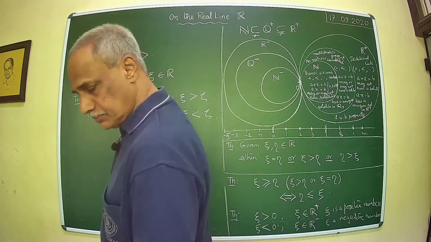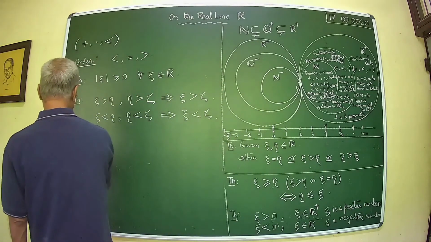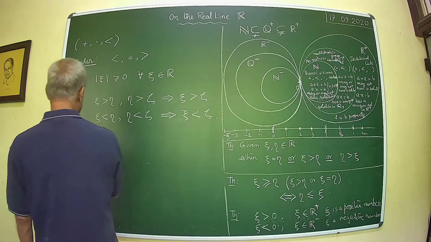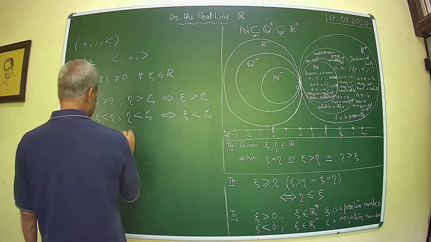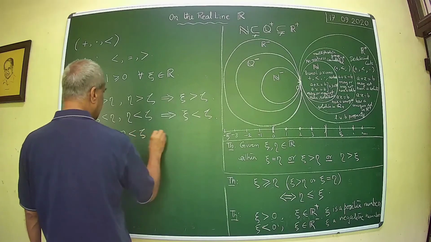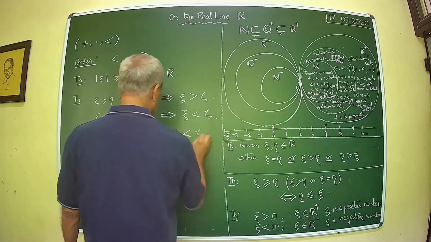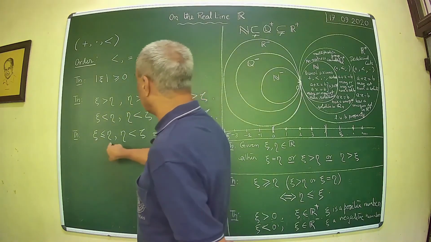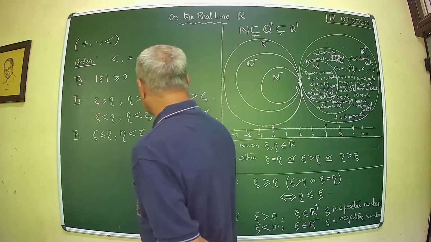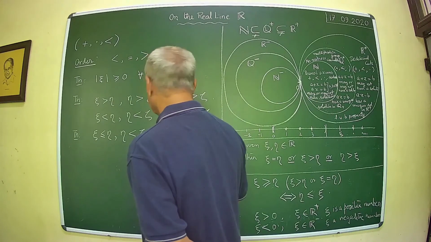Then you have, if you bring in equal to also, psi less than or equal to eta, eta less than zeta implies, this means what? Even if you have psi equal to eta and eta is less than zeta, then you have psi less than zeta.